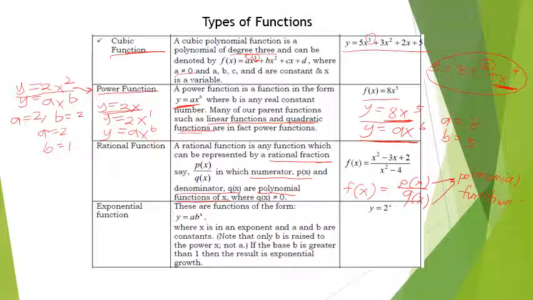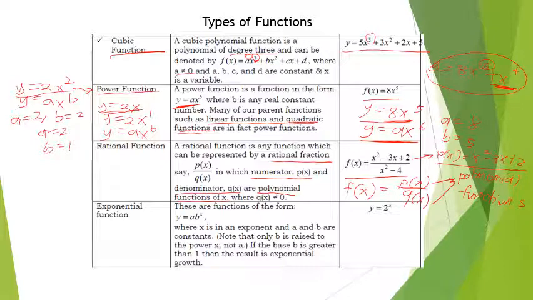Okay, polynomial. Kung titingnan natin yung binigay na example, f of x is equal to x squared minus 3x plus 2 all over x squared minus 4. Diba yung pinaka-numerator, ito yung p of x. Ang p of x natin ay x squared minus 3x plus 2. E diba yan ay polynomial function?